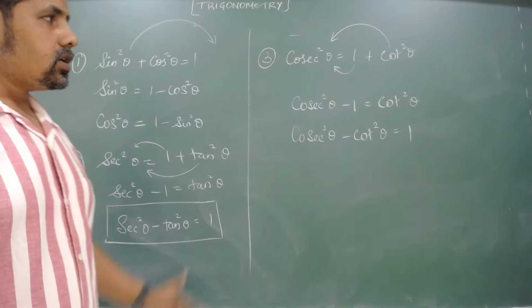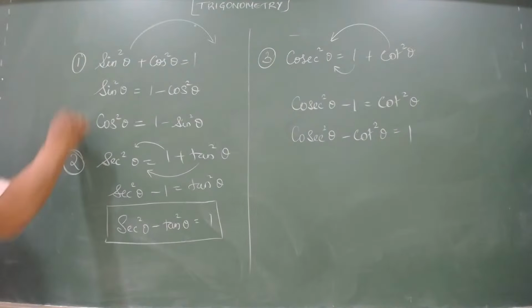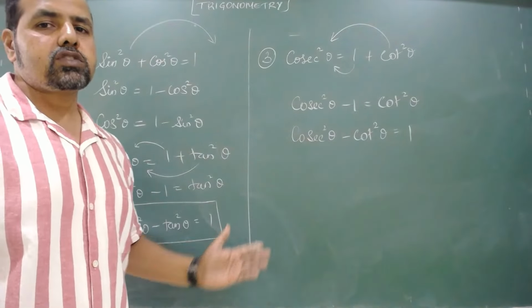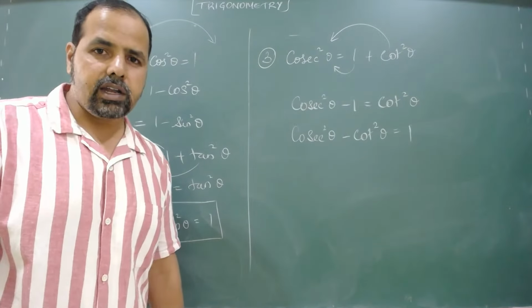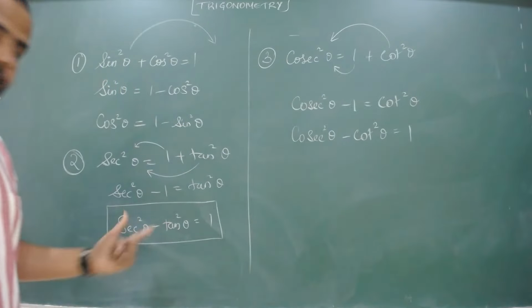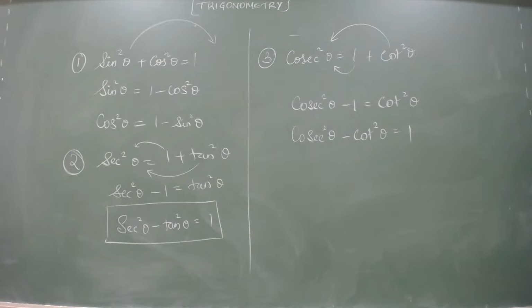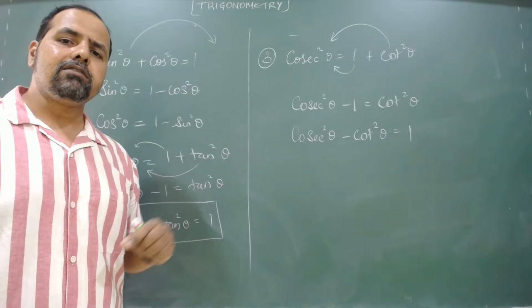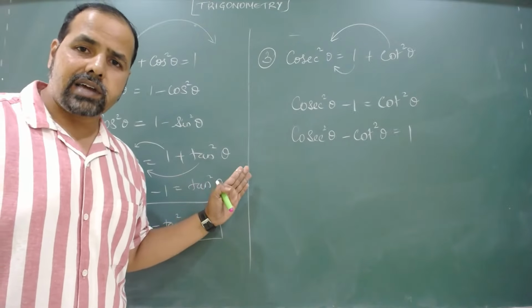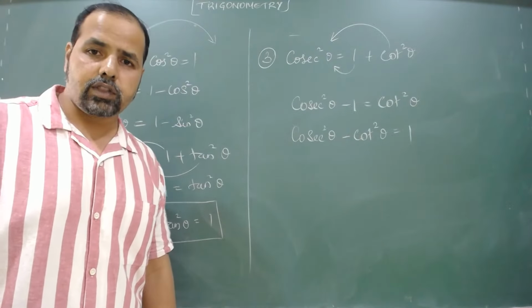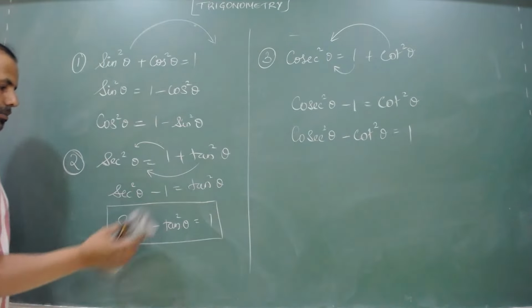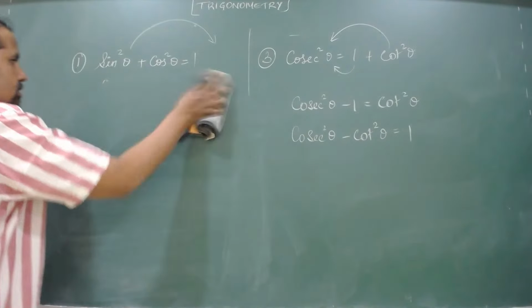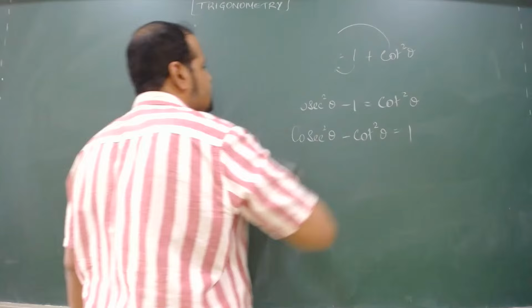So you have to keep in mind the different ways of writing the identity, so that when we solve problems based on identity, we will be using all these things. Keeping in mind all these formulas, when and where I require these identities, I'll be rewriting the identity while solving the problems.